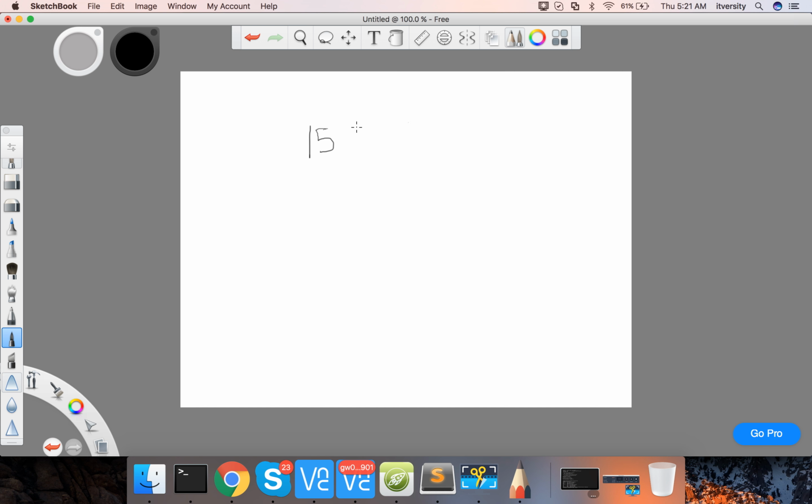First we have to divide this 15 by 2. When you divide any number, it gives two things: one is the quotient and the other is the remainder. I will write the quotient here and the remainder here. When we divide 15 by 2, 2 times 7 is 14. So 7 is the quotient and the remainder is 1.